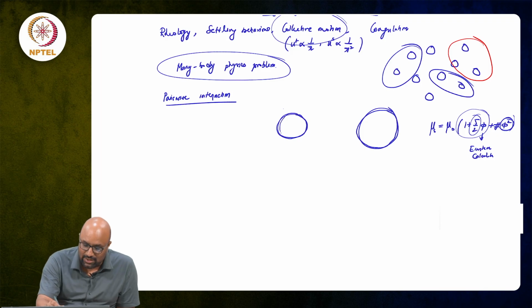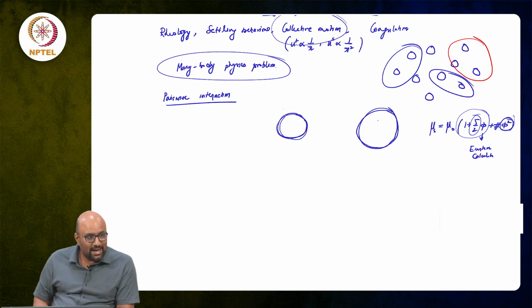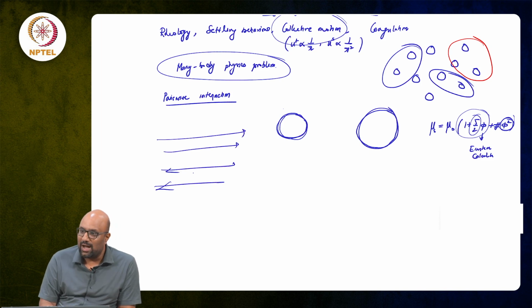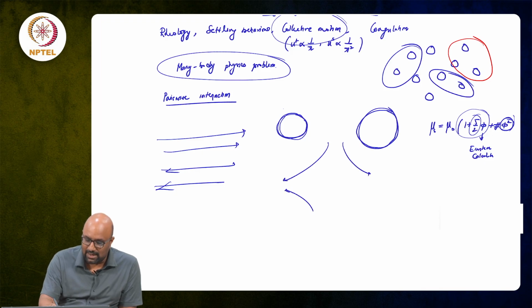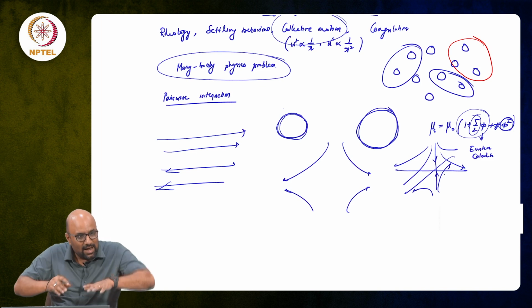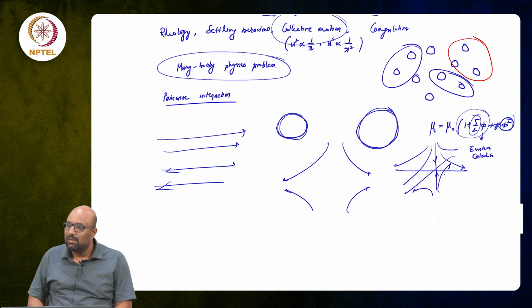You need to solve the interaction of two spheres, and there the answers crucially depend on whether you are doing a simple shear problem, which means you have a flow field which is rectilinear where the velocity field increases perpendicular to the direction of motion, or, let us say, a stagnation point flow where the velocity field is a planar extensional flow, or a uniaxial compressional flow, which means that there is a compressional axis, imagine along the z axis, and in the xy plane it is an extensional flow.